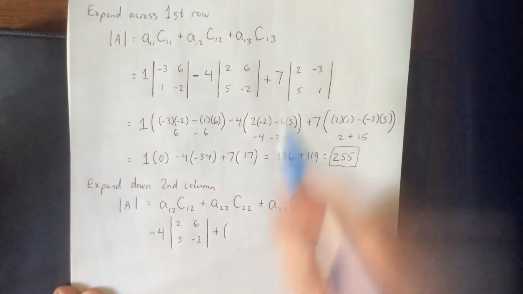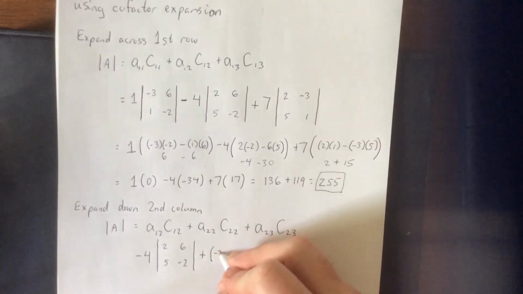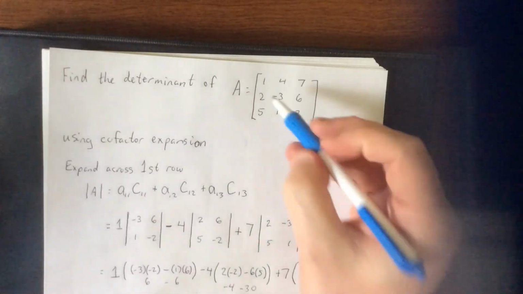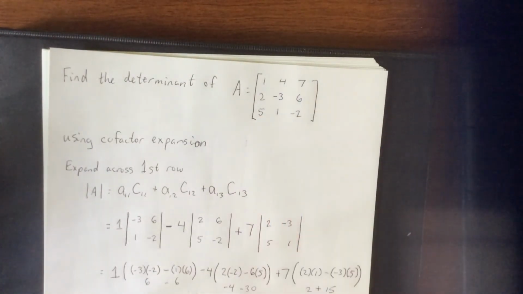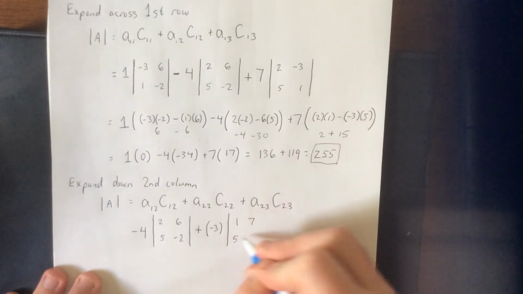However, the entry itself is negative 3, so that'll introduce another negative sign. Then the 2, 2 minor we get by getting rid of the second row and the second column, and we'll see 1, 7, 5, negative 2.